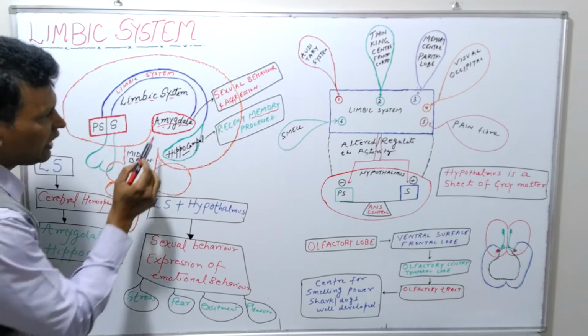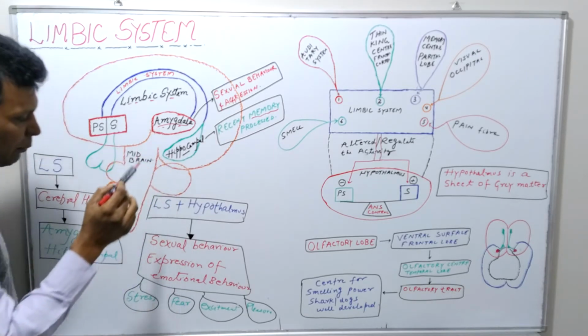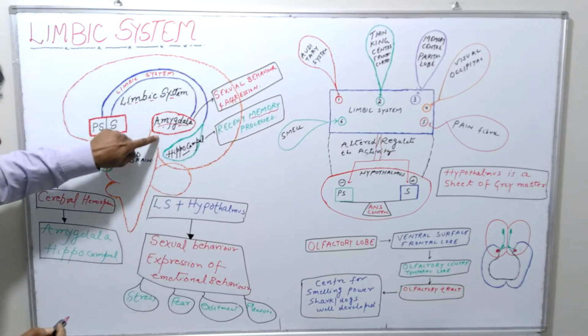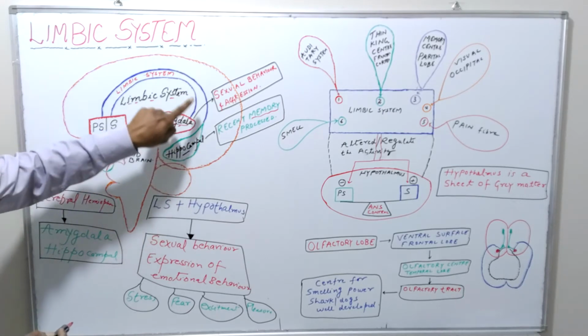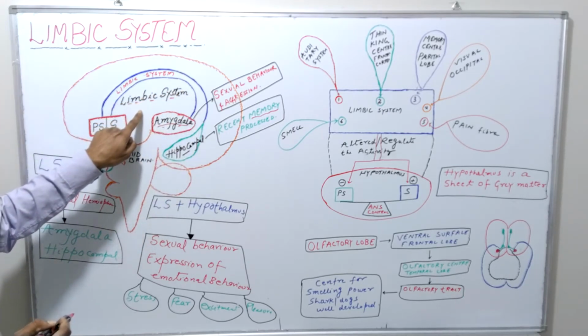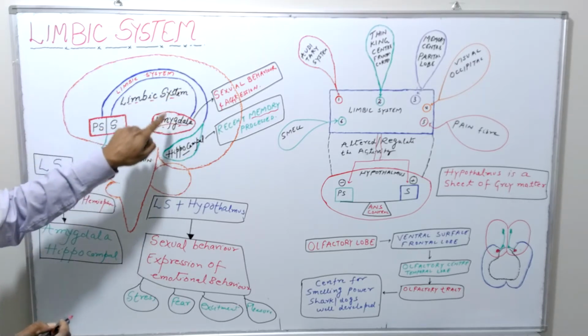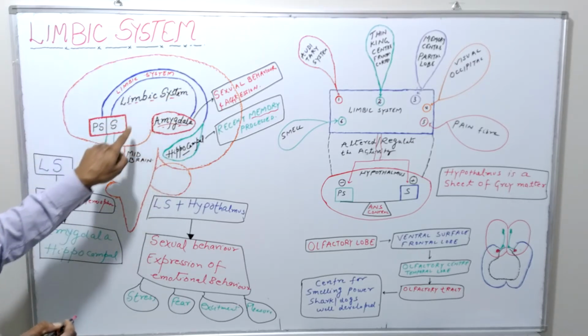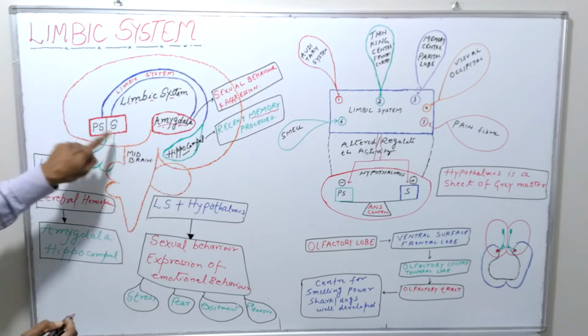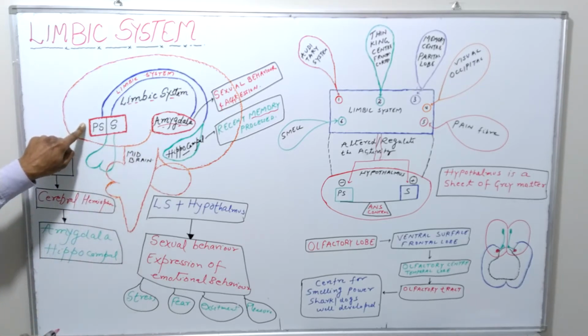So two important areas, amygdala and hippocampal. They are connected with your limbic system, and this limbic system is actually attached to your hypothalamus.